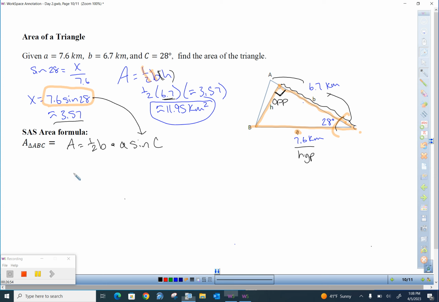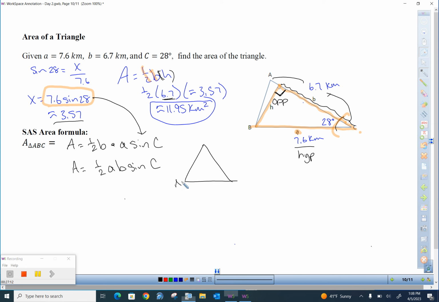And so the version you're going to see most commonly is they actually rearrange this, since multiplication is commutative, so that it's in alphabetical order: 1/2 A, B, sine of C. And here's what this means in a general triangle.